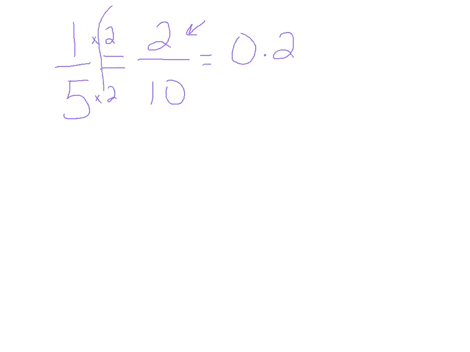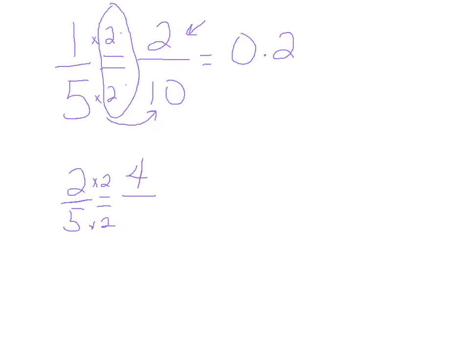If I multiply the numerator and denominator by the same number, which in this case I did 2 because I was trying to get it out of 10, then we will get an equivalent fraction. Now also, if I was to, let's say, make 2/5, if I did the same thing times 2, the numerator and denominator, I would get an equal or an equivalent fraction.